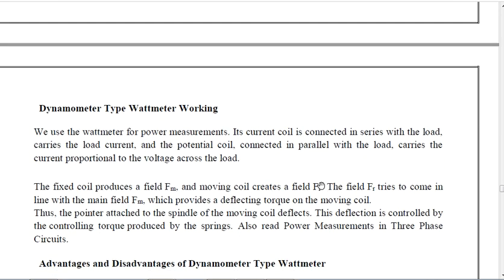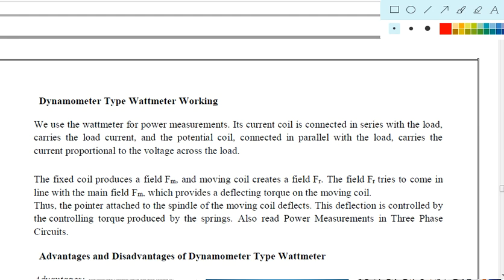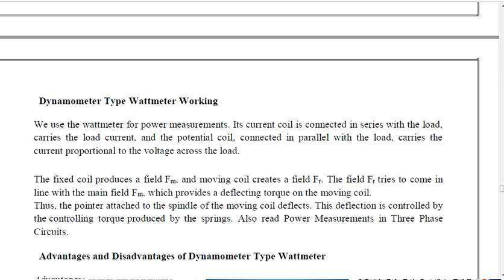Now its working. When we are using the dynamometer type wattmeter, it is for power measurement. Its current coil is connected in series with the load and carries the load current, and the potential coil, connected in parallel with the load, carries the current proportional to the voltage across the load.